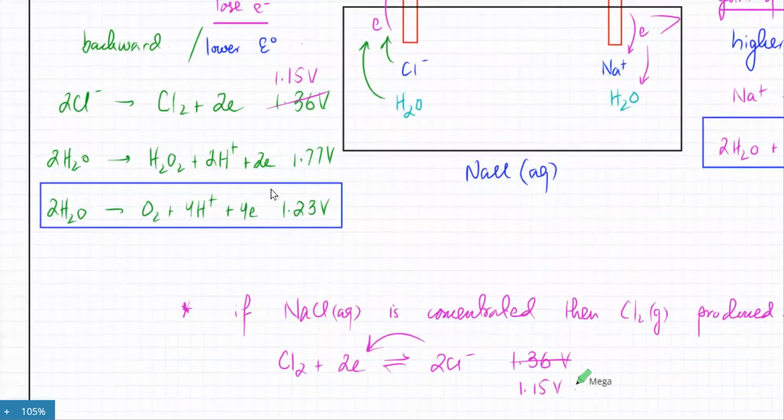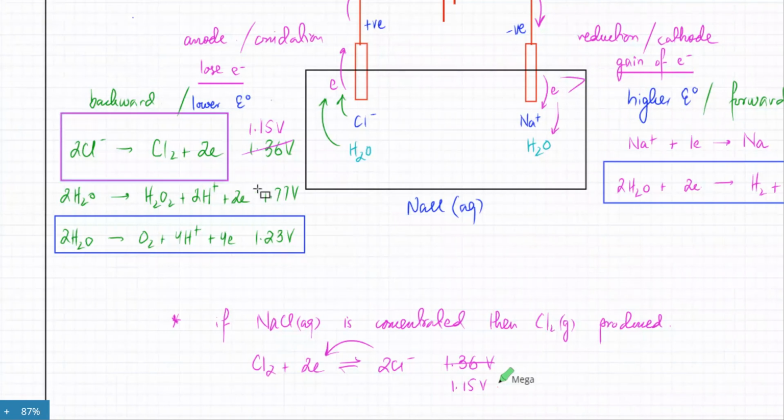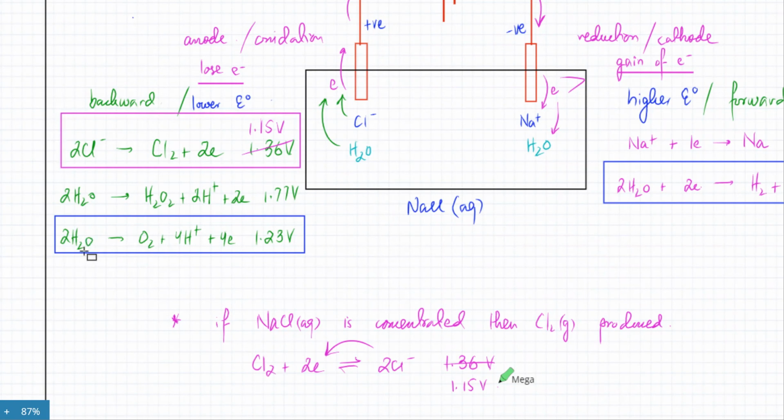Now, if its potential decreases, the lowest potential out of the three is the Cl minus 1 potential. So the scenario is that instead of water getting discharged, it's going to be Cl minus 1 that's discharged, because Cl minus 1 and water had very similar potentials, 1.36 and 1.23.